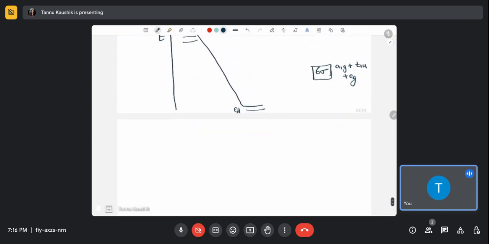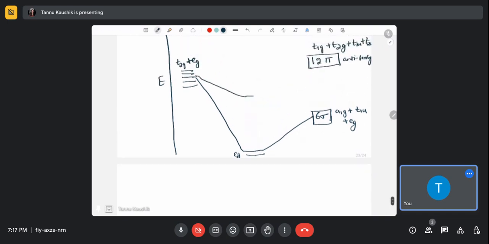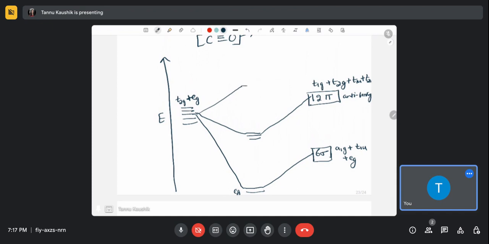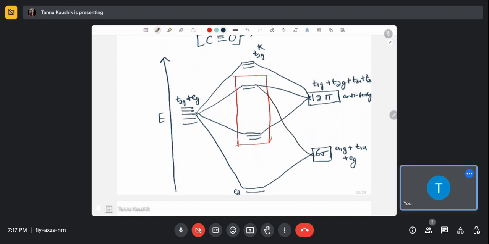So this is the EG orbital, this is a metal based system, and this splitting is maximum for pi acceptor ligands.